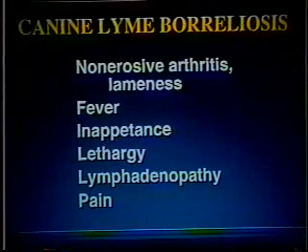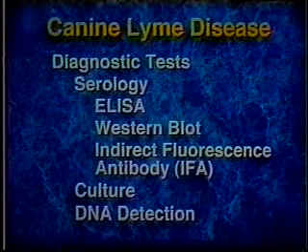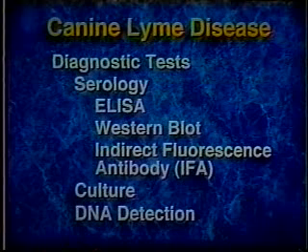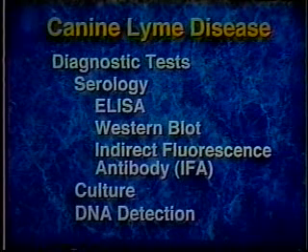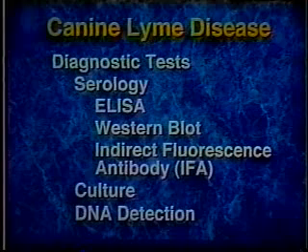Well, in dogs, there may be arthritis, fever, enlargement of the lymph nodes, and pain, but it is not an easy disease to diagnose in dogs because of the limitations of some of the diagnostic tests. These are rather difficult to perform to be completely accurate about the diagnosis, and we've listed some of the diagnostic tests that can be performed here on this slide.